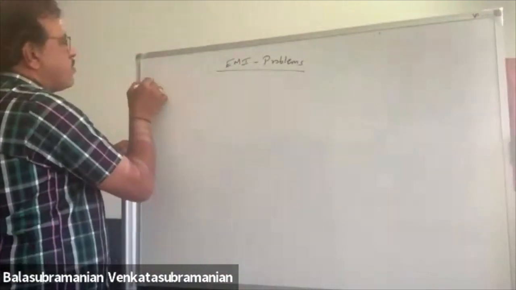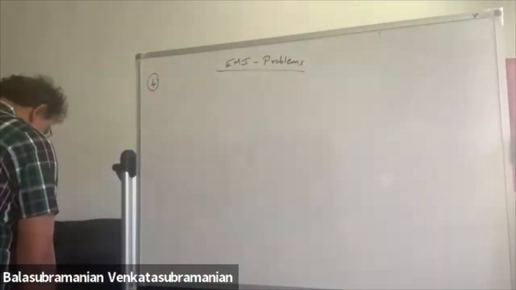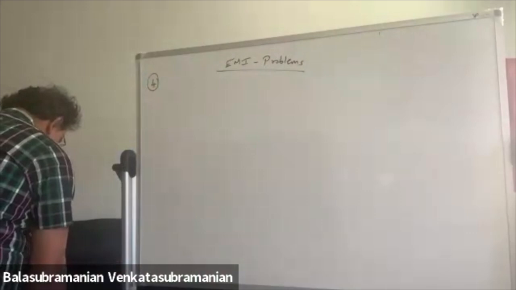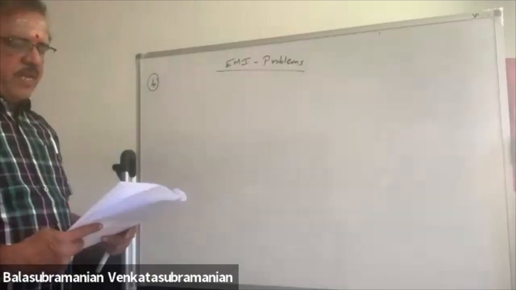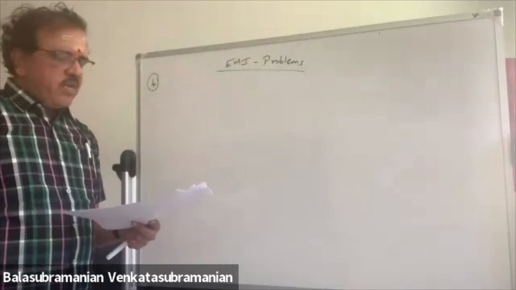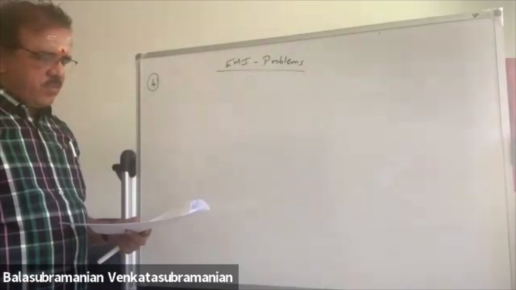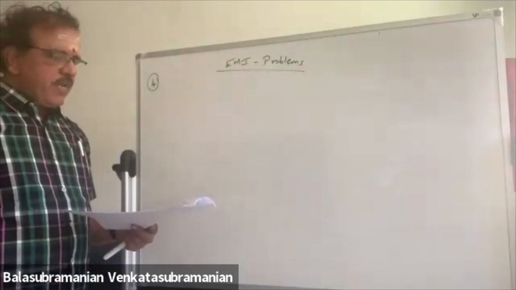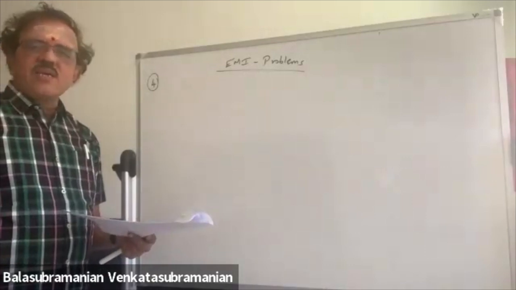Fourth problem. In a transformer, the number of turns in primary and number of turns in secondary are 410 and 1230 respectively. If the current in primary is 6 ampere, what is the current in the secondary coil?